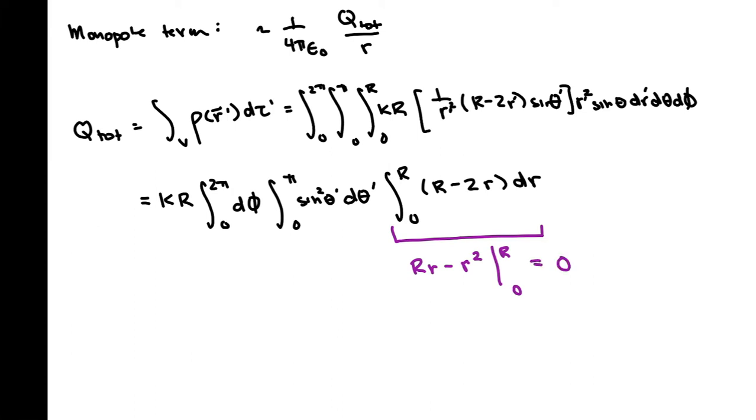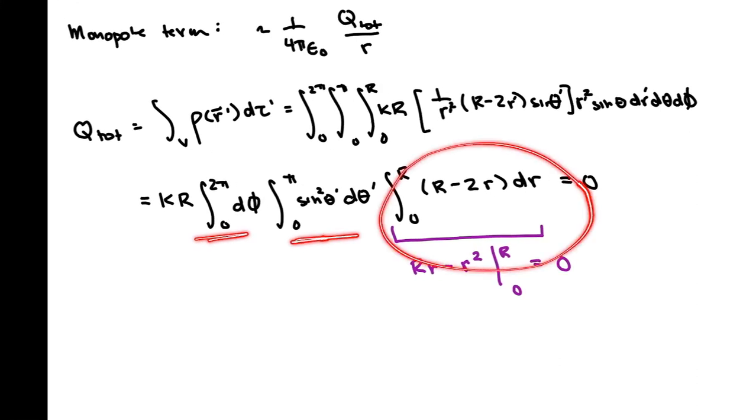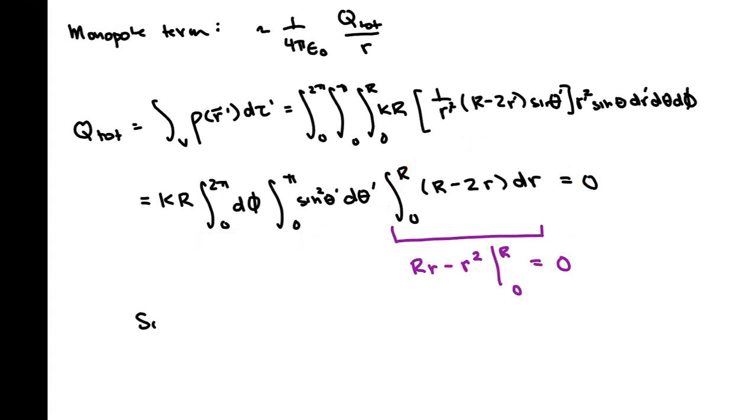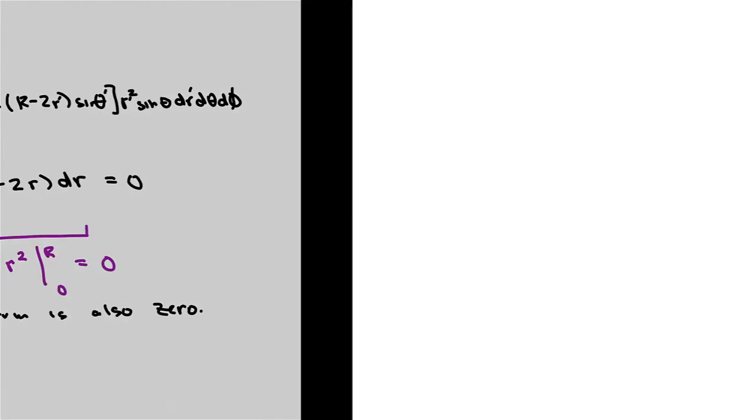So because of that, this whole thing is going to end up being 0. Again, I could have evaluated these guys too. It wouldn't have hurt me, but I know this guy is going to give me 0. So the whole thing is going to equal 0. So I know that the total charge is equal to 0. So my monopole term is also 0. Okay, so I can skip it and I need to go to the next one.